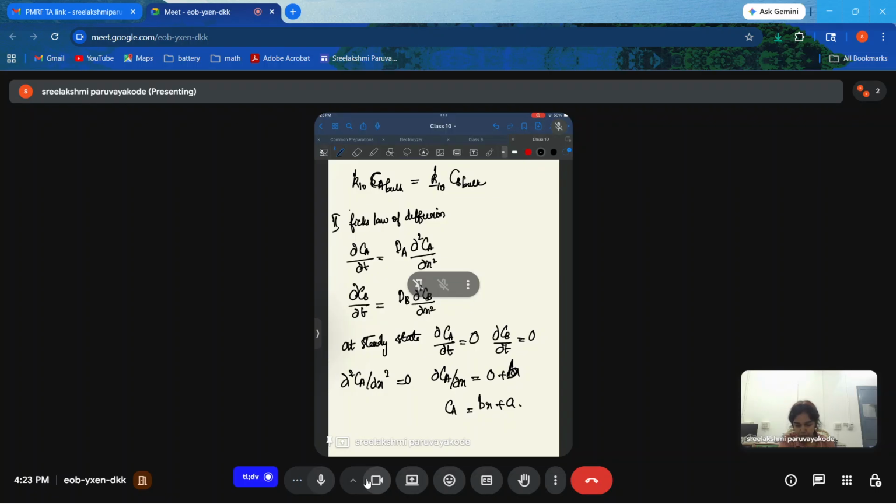Now you also have dou square CB by dou X square equal to 0. Integrate it for the first time, you'll get a constant C. Now again if you integrate, you'll get CX plus D. So these are the expressions.